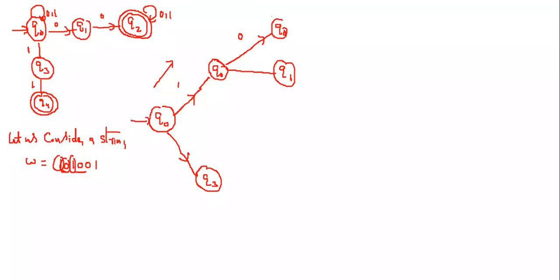What is the next symbol? 1. If you go in this path, 1 on Q0, you are going to Q0 or you are going to Q3.